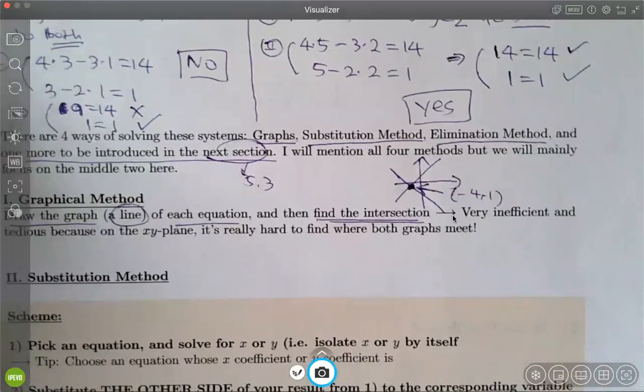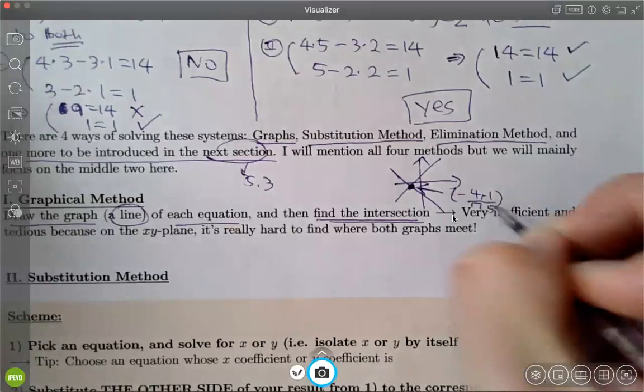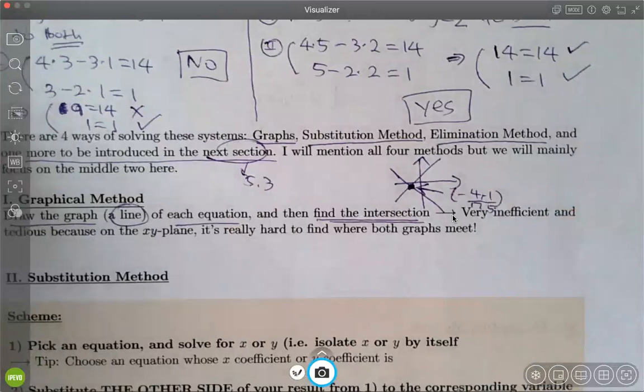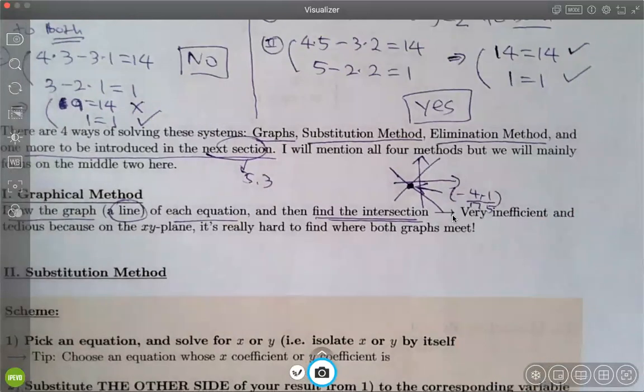But what if it goes like this, -4/17, -1/5? Can you even guess such a point? If you can, then I guess you have to be joined by Mensa, the group of brilliant people. A mundane person like me cannot find such weird intersection points.